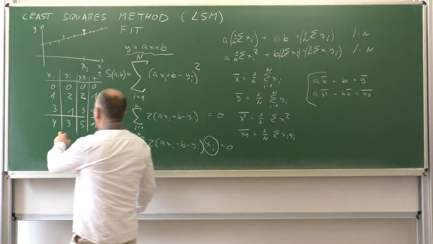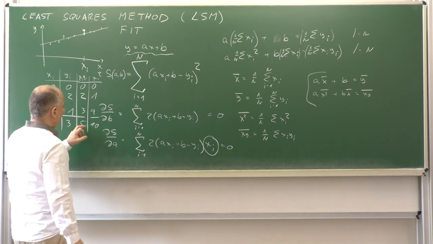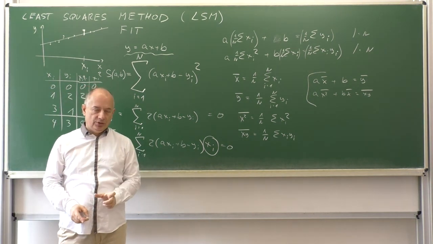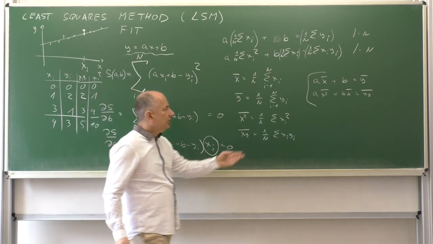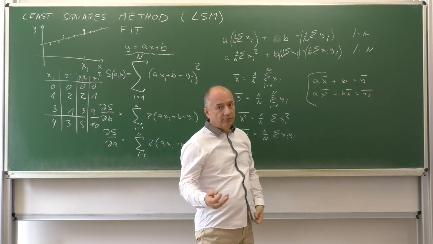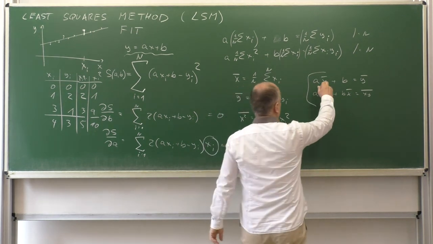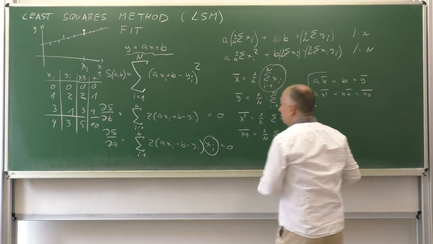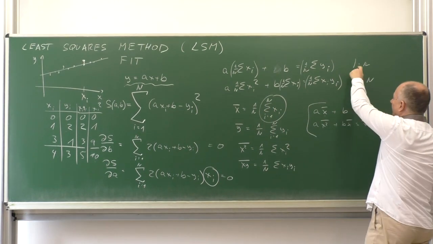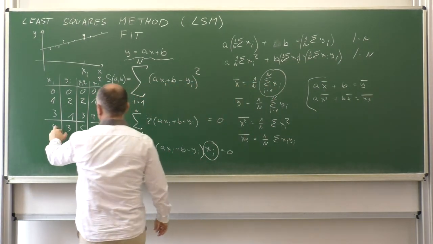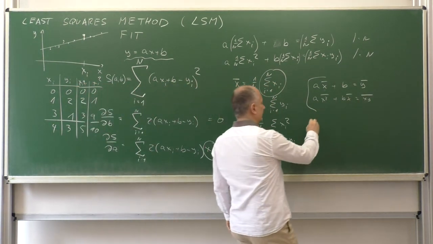Now if we divide these 4 sums by capital N, we get the averages. But we use this form just to remember the form of the system of equations, and we don't divide by n. So instead of x bar, we use sum of x. That means we go before this division by n. So a multiplied by 4.